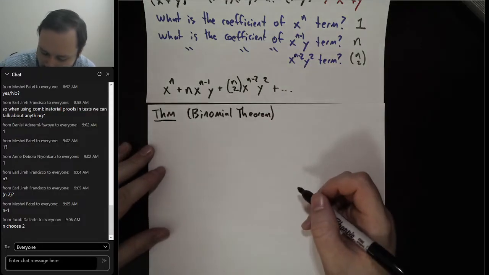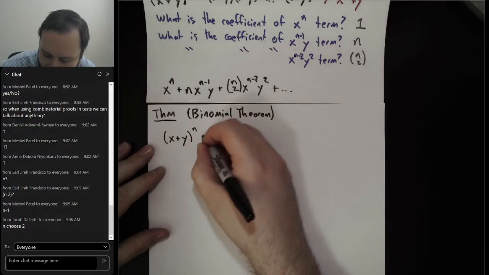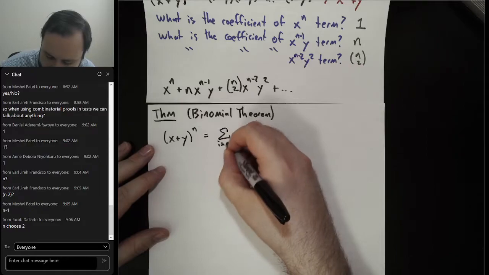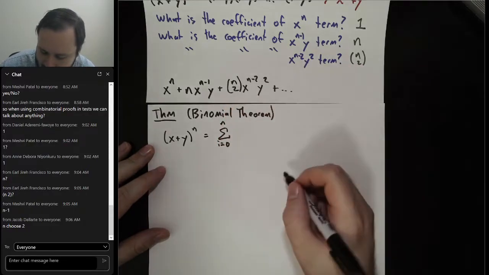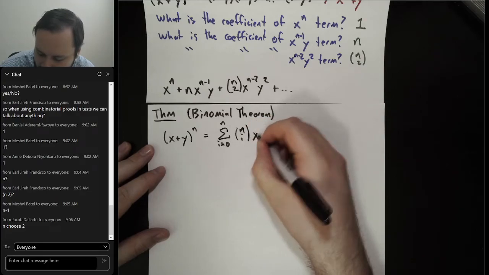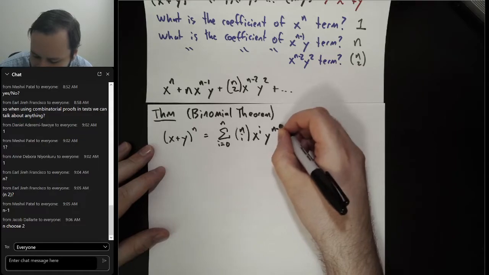The binomial theorem says that x plus y to the n power is equal to this sum. i starts at 0 and runs up to n of n choose i, x to the i, y to the n minus i.